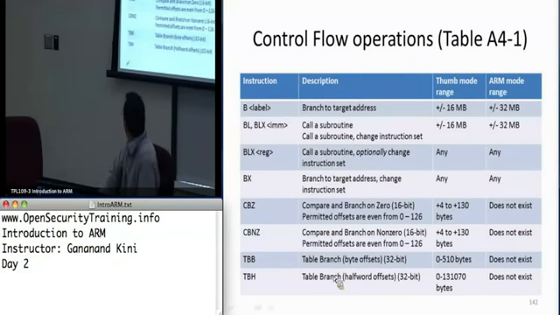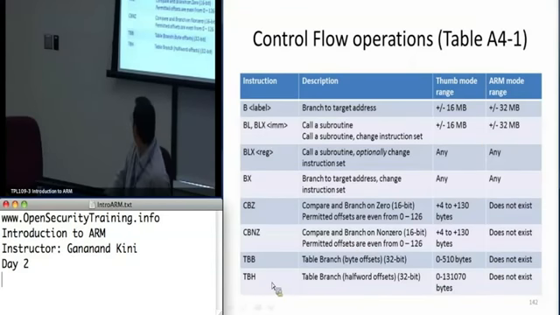So the TBB branches by an offset specified by a byte that's in the base register plus an offset. In the bomb lab, you probably saw a TBB followed by a square bracket and then PC comma offset. What it's going to do there is take the offset added to the value in PC, read the byte there, and then add 2 times that byte to the current address and jump there.